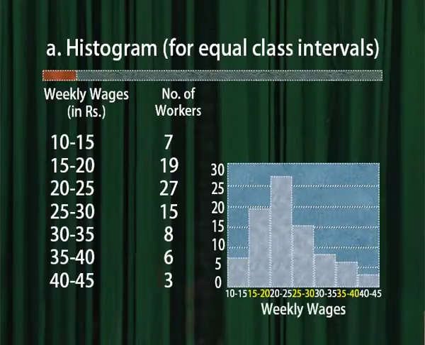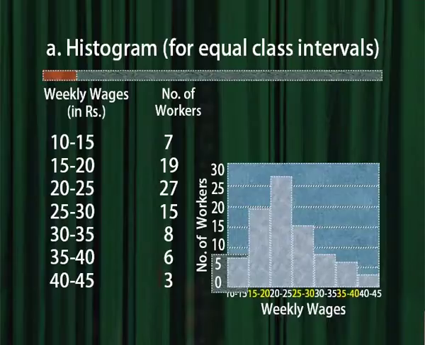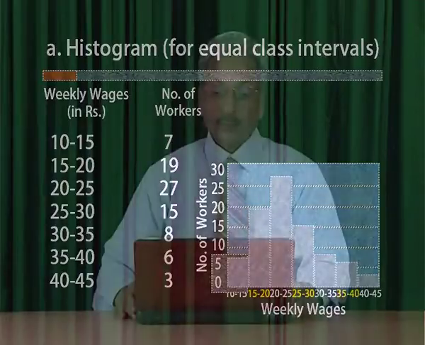Here on the x axis we take the weekly wages, and on the y axis we take the number of workers, and here we take the scale as 10 squares equals 5 workers. Then we draw the bars or rectangles for each class.